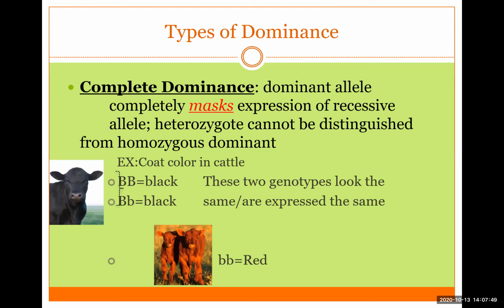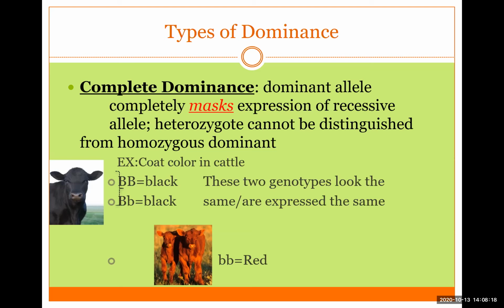Okay, so we would automatically have, because he's contributing to this quarter, he's contributing an uppercase B. And in his case, he's always contributing an uppercase B, right? So 100% of his babies will get an uppercase B. Okay, so then we have the cow. And I told you she was what color?